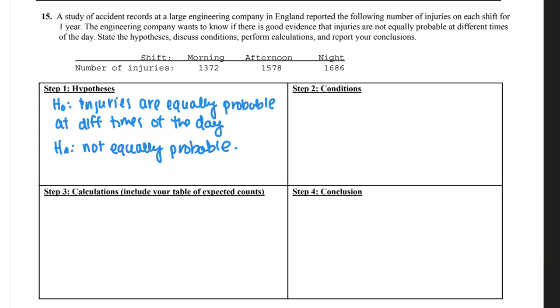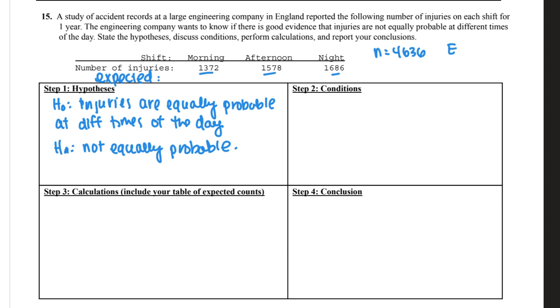All right, before we do our conditions, we need to do our expected count. In this particular case, since we're doing equally probable, it's basically 33.3% for each one. But what we can do is add up all of these numbers and just divide by 3, and that's going to give us our expected counts. The total number is 4636.